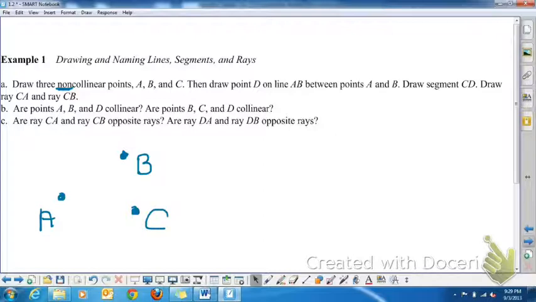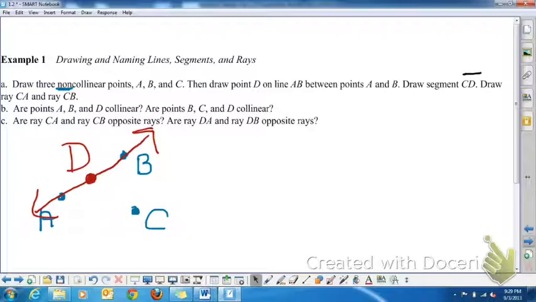So now let's draw point D on line AB between points A and B. So let's construct line AB and put point D between them. Now let's draw segment CD.